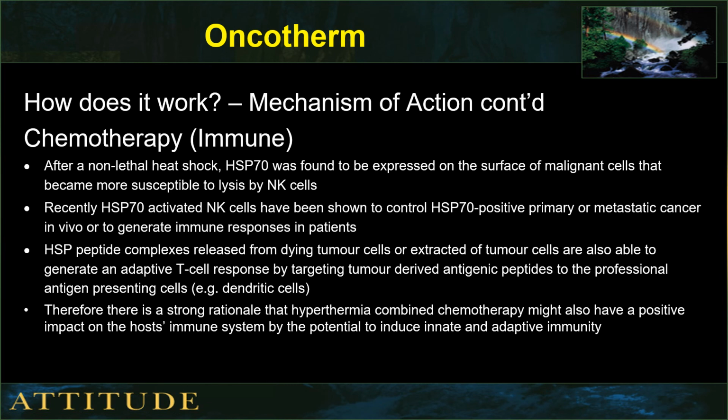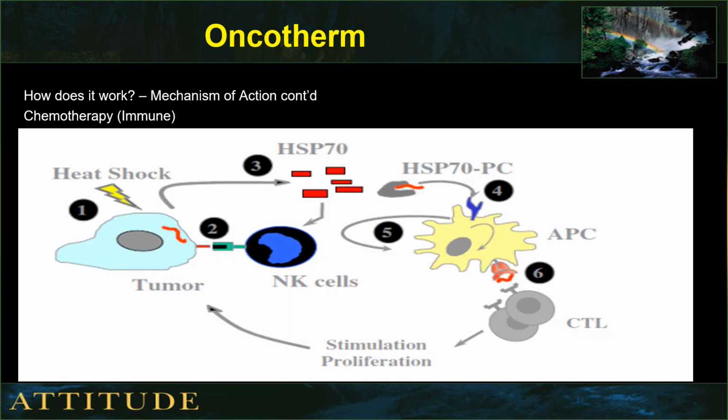We are trying to harness the cytotoxic component of the chemotherapy by impacting the tumor. The tumor in and of itself, as it starts dying off, it's a yard sale. Everything comes flying out. Heat shock proteins are released. By doing so, it engages your natural killer cells, which is part of the innate immune system, but it also starts to stimulate the adaptive immunity where the T cells come into play.